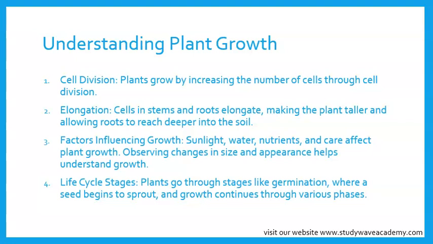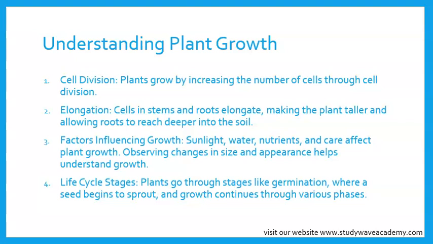Factors influencing growth. Sunlight, water, nutrients, and care affect plant growth. Observing changes in size and appearance helps understand growth. Plants need sunlight, water, and good care to grow well. Do we understand?